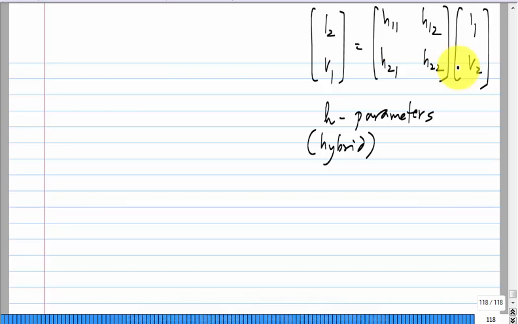What will be the dimensions of these? Conductance or resistance. What's the dimension of H11? I shouldn't write it like this, it's always that way.